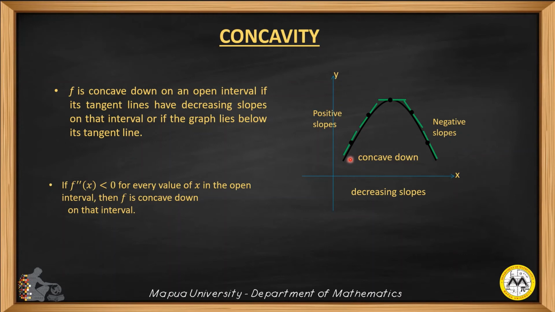So we observe that the slopes are of decreasing values. In this case, the function is said to be with downward concavity. And if we are going to make use of the second derivative value, then the second derivative value evaluated at any point on this curve will be with negative value, indicating a downward concavity.